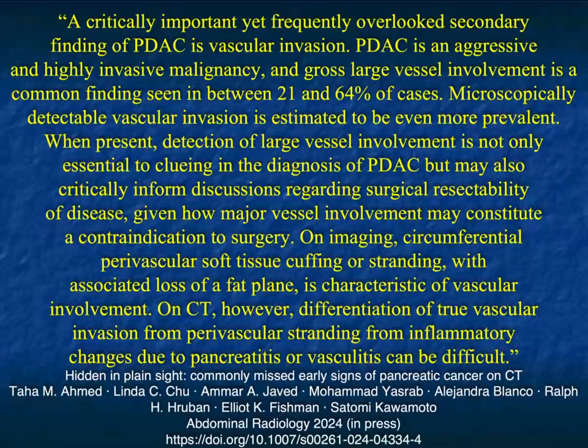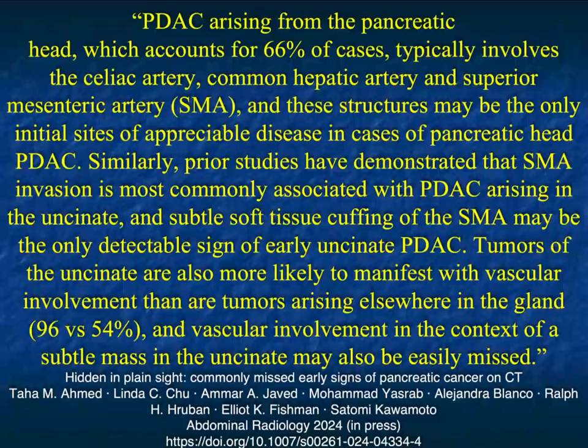On CT angiography, looking at things from the coronal and the sagittal, from the volume rendered views in similar planes, we're able to look for subtle changes in the caliber of the vessel. We look for irregularity of the vessel itself, and we're much better able to judge whether something is 180 degrees, over 180, or less than 180. So again, CT angiography becomes very, very important.